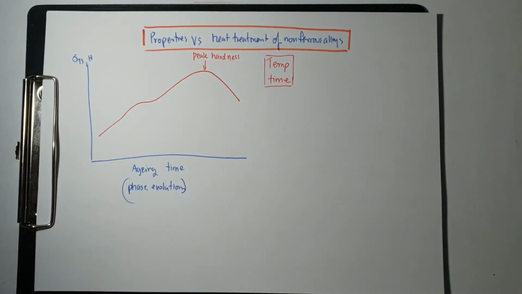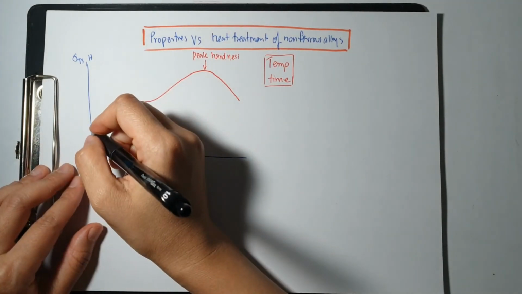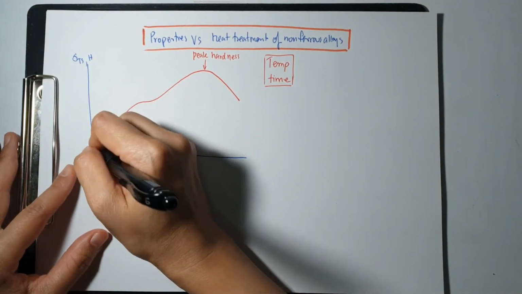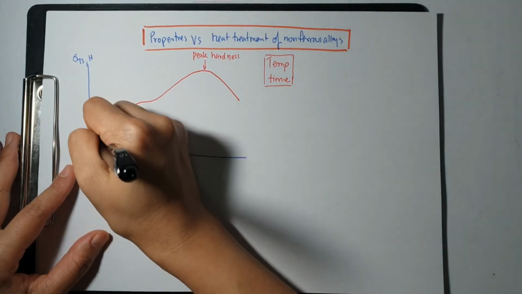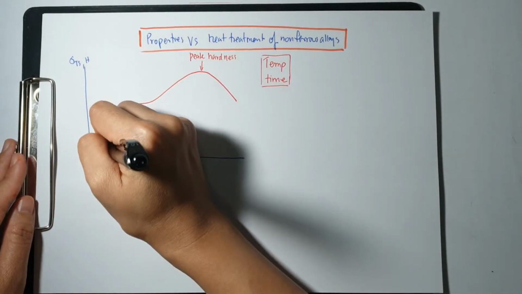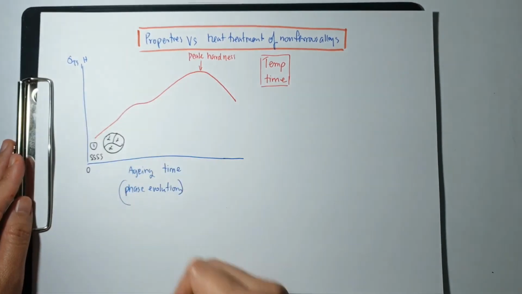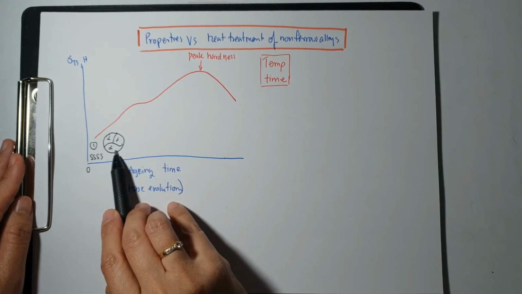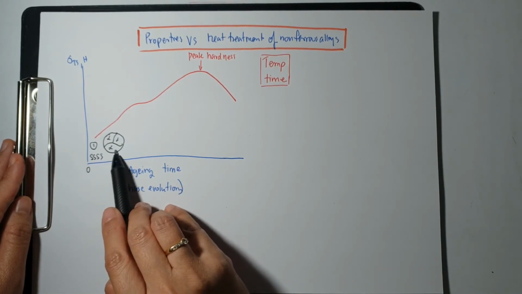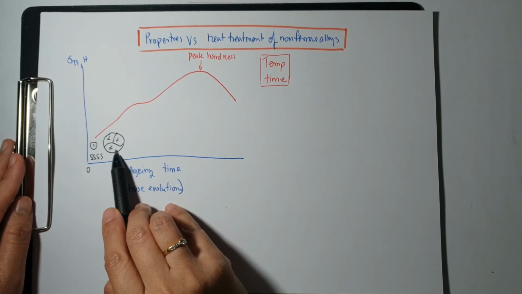When we start at the 0 time, we just get the alloy after quenching. After quenching, we have supersaturated solid solution in the first step. Okay, when we look at the microstructure, we have just the alpha phase that has a very high amount of copper dissolved into it. That's why the supersaturated solid solution is the metastable phase.